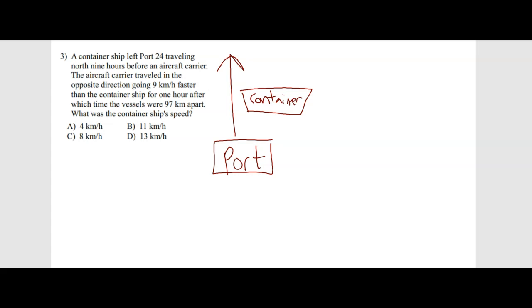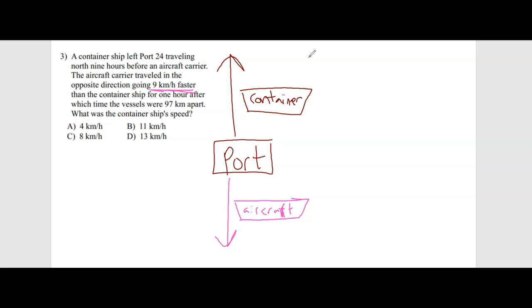This ship has a 9-hour head start, which we'll come back to later. We have another ship, an aircraft carrier, going in the opposite direction. But it says that it's going 9 kilometers per hour faster than the container ship. And it says 1 hour after the aircraft carrier has started moving, the vessels were 97 kilometers apart.